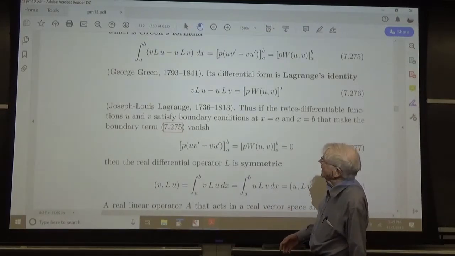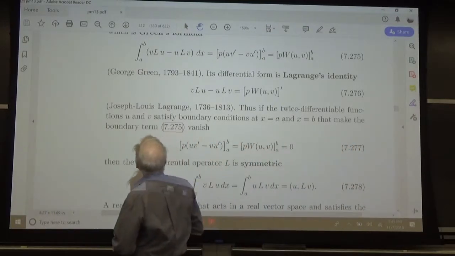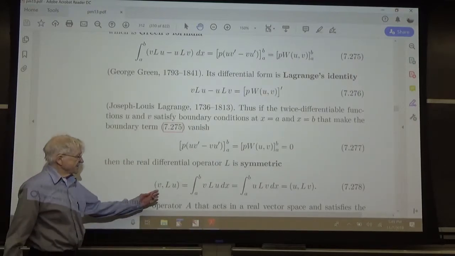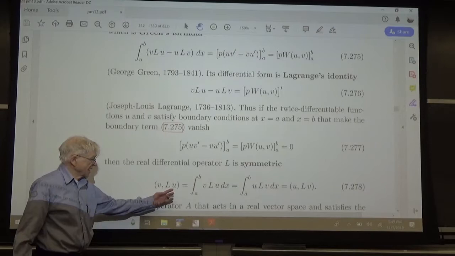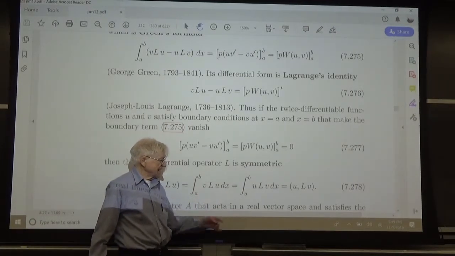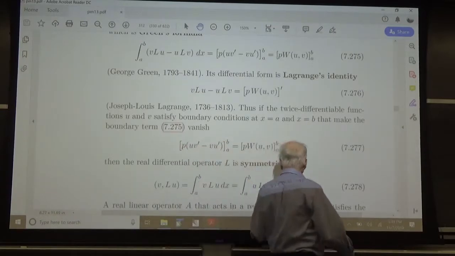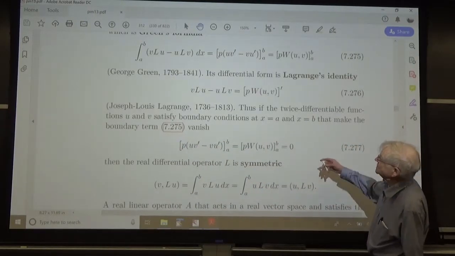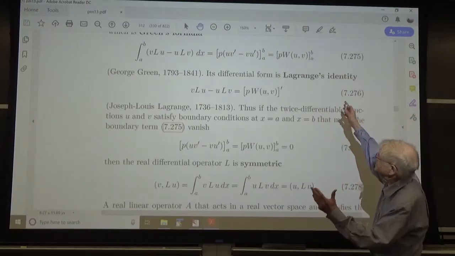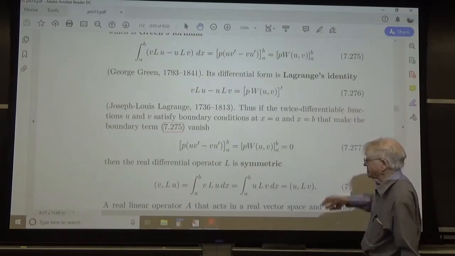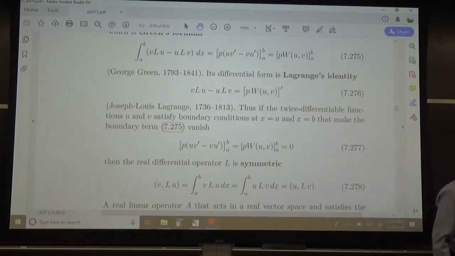Then what you have is that from Green's identity, you have that (v, Lu), which is the integral of v Lu dx, is the integral of uLv dx, because that's what Green's identity gives you when the boundary terms vanish.